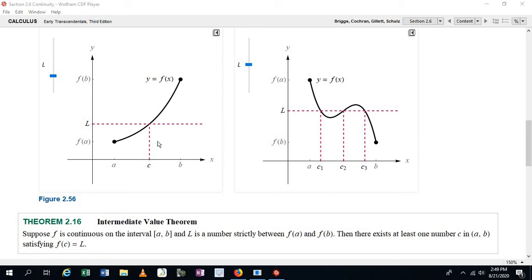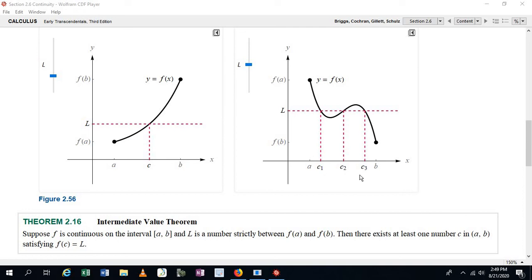Now, it guarantees that there exists at least one number c in the open interval from A to B. But there could be more than one. And this is an example where you have more than one. So notice L is right here. And of course, the function is continuous from A to B. L is strictly between f of A and f of B. But notice there's actually 3 points in between A and B where you have a c value that when you evaluate the function at that c value, you get L. C1, C2, and C3.